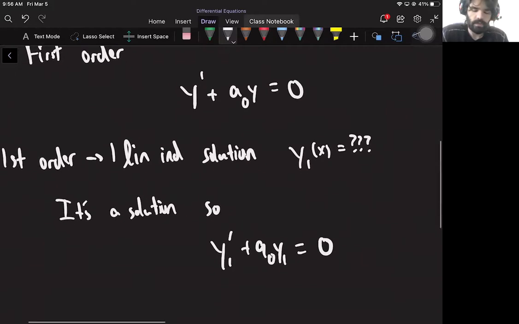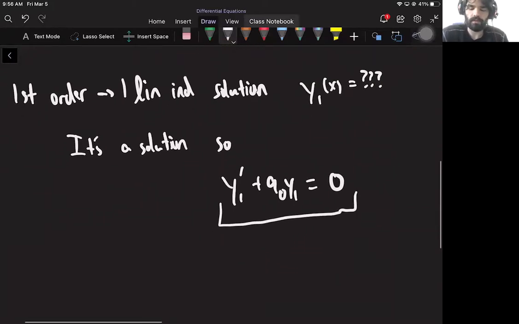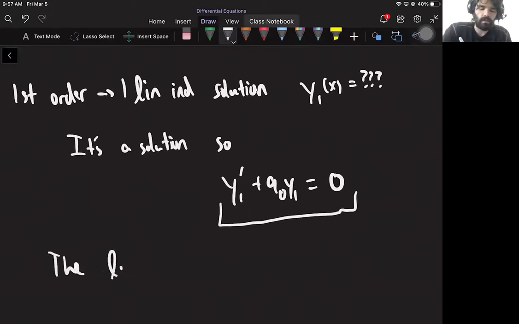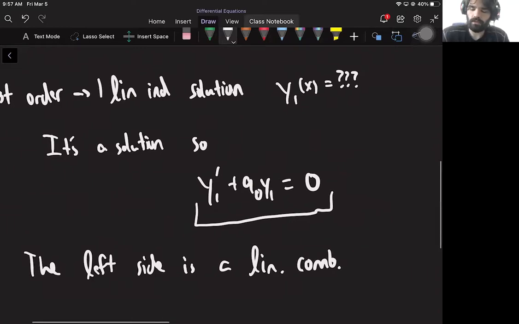So let's think about this a bit more. What is this thing? It looks actually very familiar to yesterday's things. The left side is a linear combination of two functions. What are the two functions?